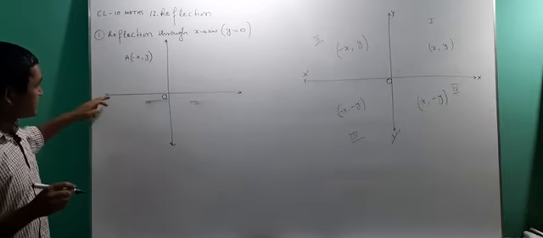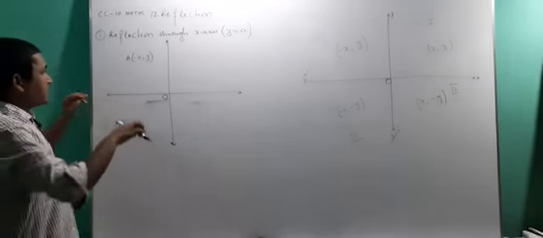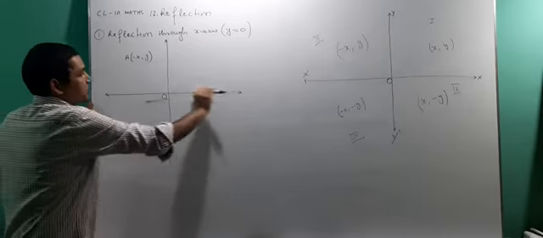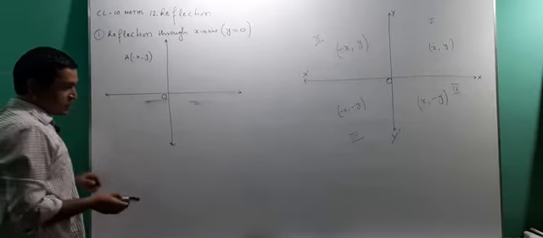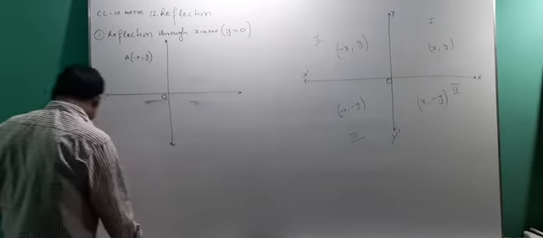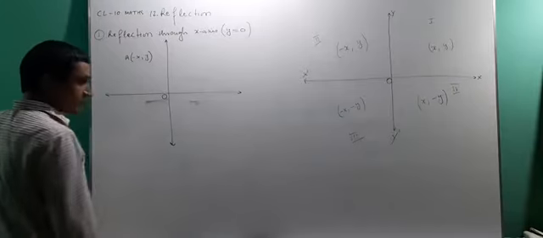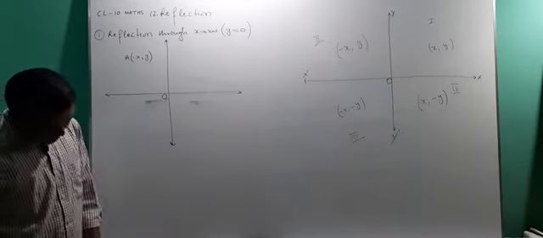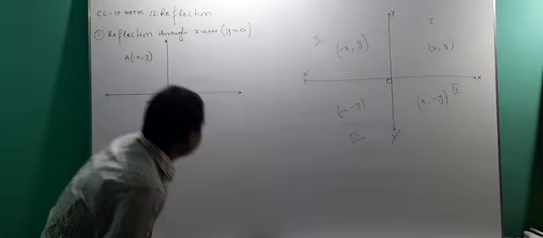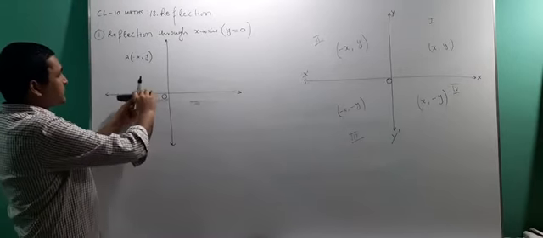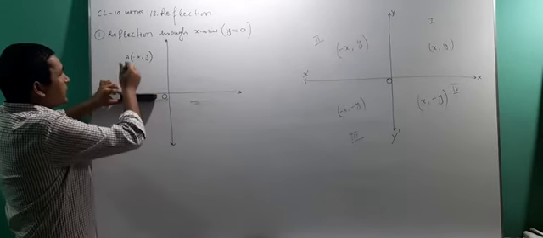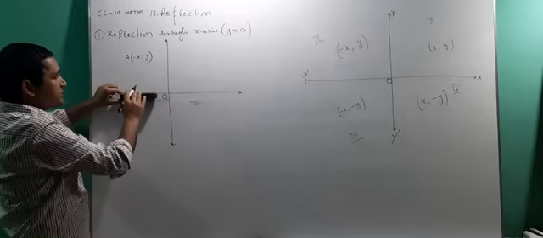Okay, the x-axis is this line, and remember, this line is your mirror. Now, this is the object, and this is the mirror.